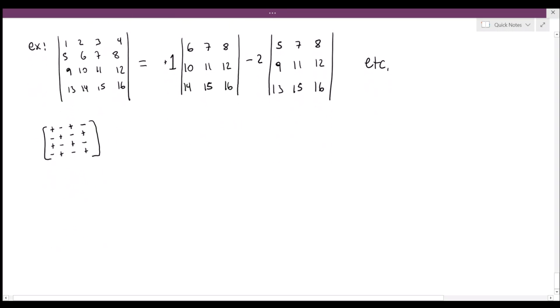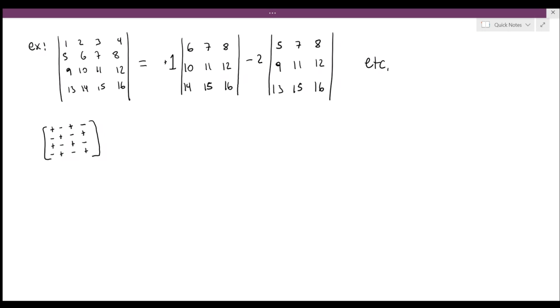So as you can see, the cofactor method also gets pretty unwieldy once you get to a 4x4, unless you had a lot of zeros. So if you wanted to compute the determinant of a 4x4 matrix like this or something bigger, there is another method for computing determinants.